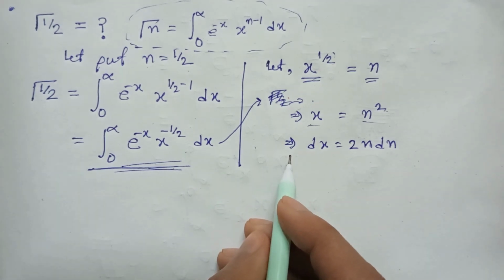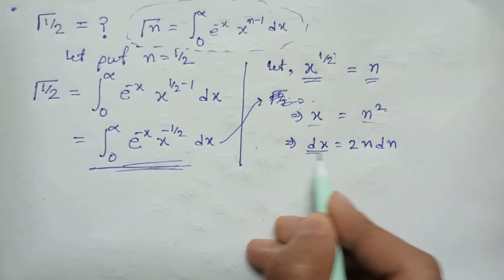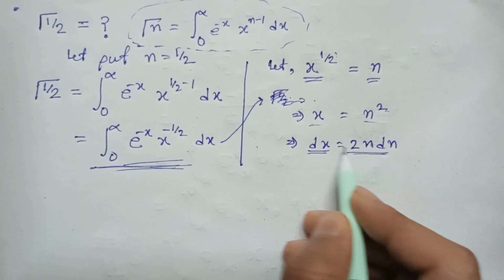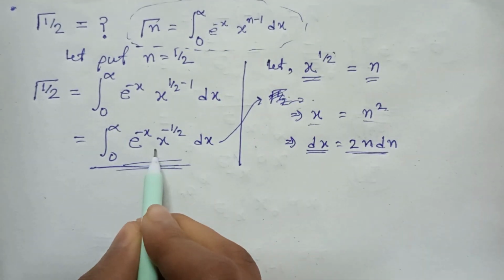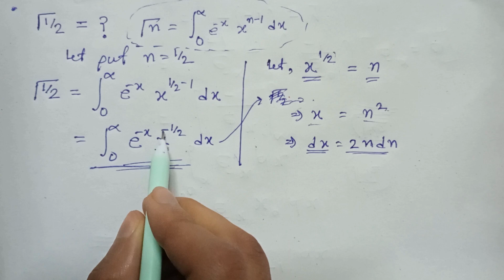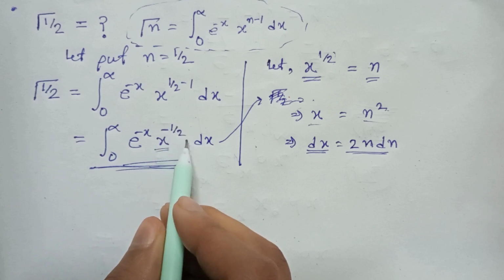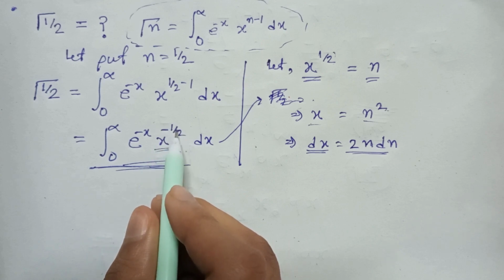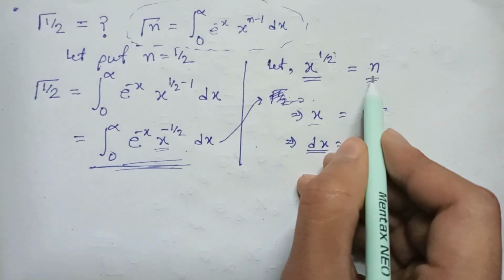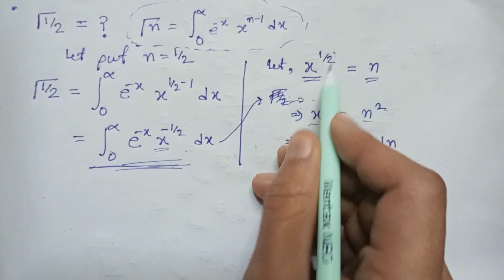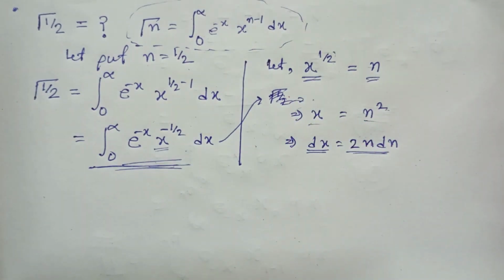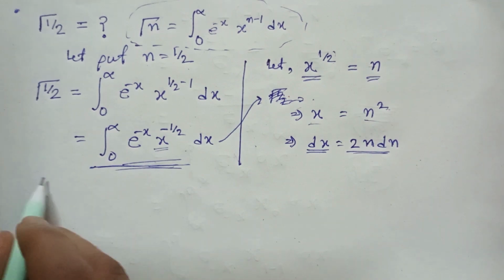Now we will replace the value of dx with this one, and replace x to the power minus 1 by 2, where we have n equals x to the power 1 by 2. So let's see how to replace all the terms.